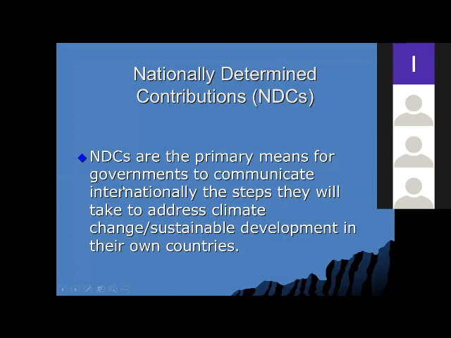Then NDCs are also there. NDCs are the primary means for governments to communicate internationally what steps they take to address climate change and sustainable development in the country. So we have done that. I think the Environment Ministry has given this, but we need to achieve it, because we cannot just say that we are going to do this and wait.